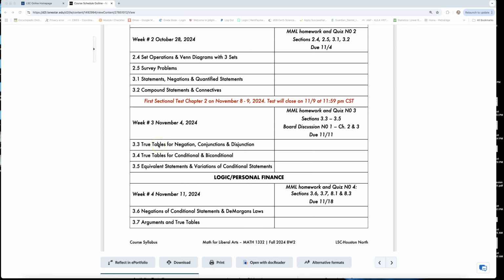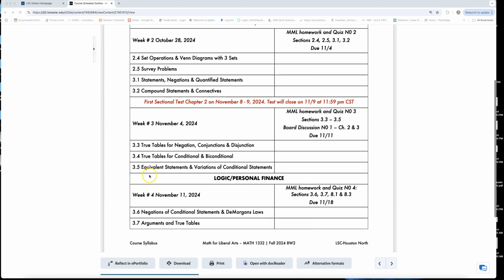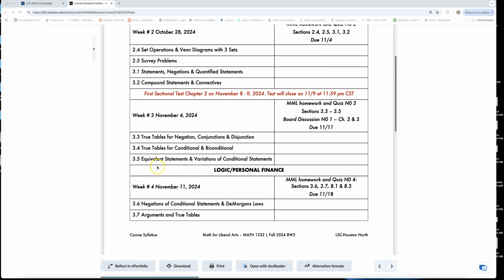Truth tables are very important because we're going to be dealing with equivalent statements, and also next week with arguments. Arguments is probably the most important subject in this logic chapter. Truth tables are fundamental to show when we have a valid argument, that is section 3.7, or when the argument is not valid, that is called a fallacy.